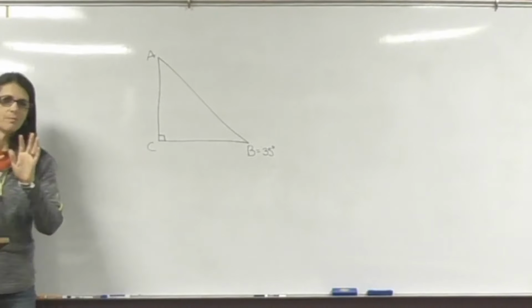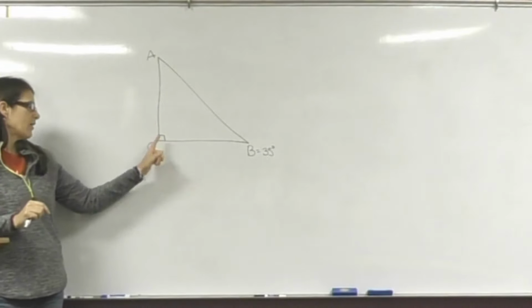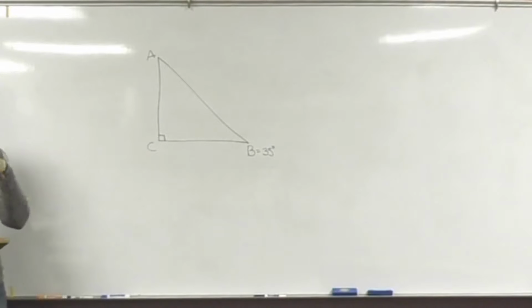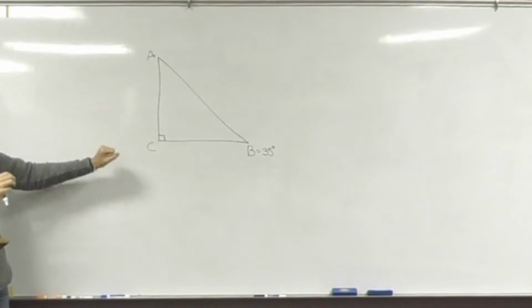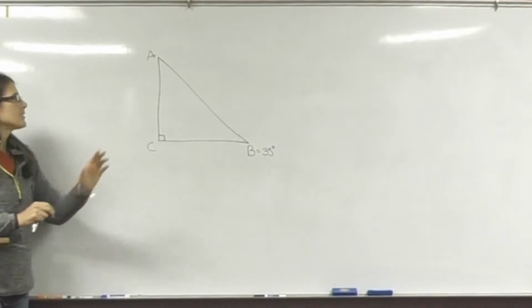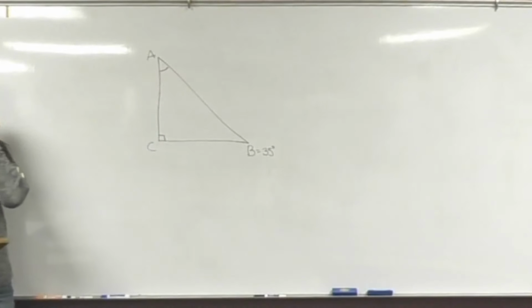It's pretty typical, by the way, for this right angle, the vertex in the triangle, to be called angle C. So the directions on this scenario right here is to find angle A. So we're looking for this angle right here.